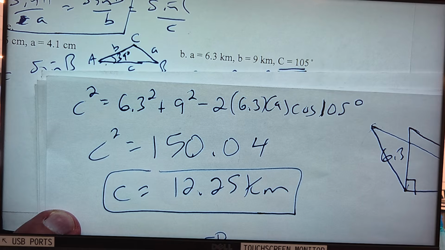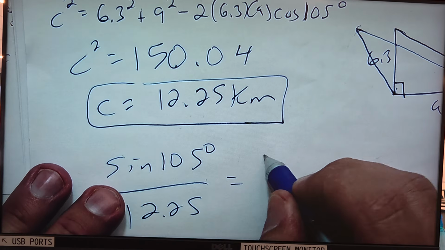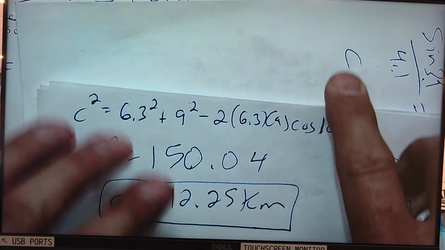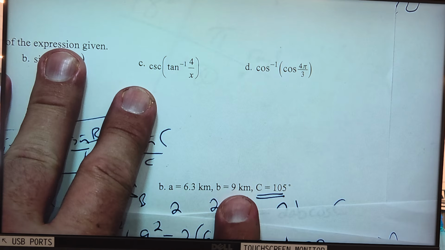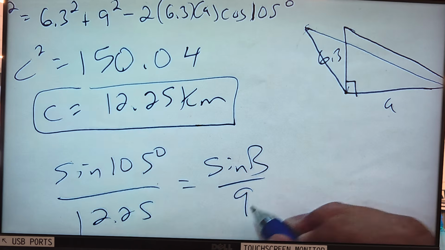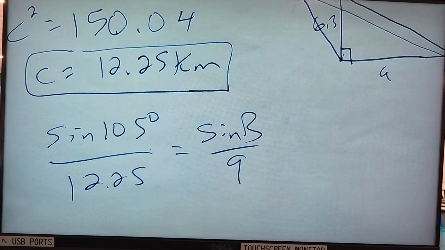I don't care. B? Okay. Sine B over 9. Bam! And then you just throw this in a little calculator. I'm going to pretend like I can do it.